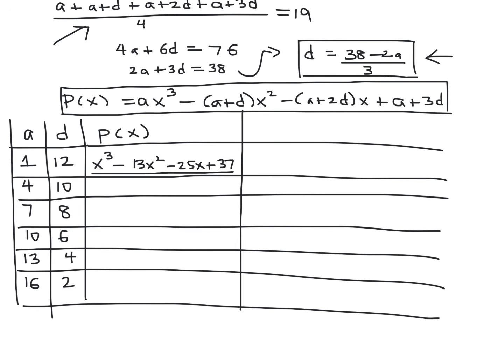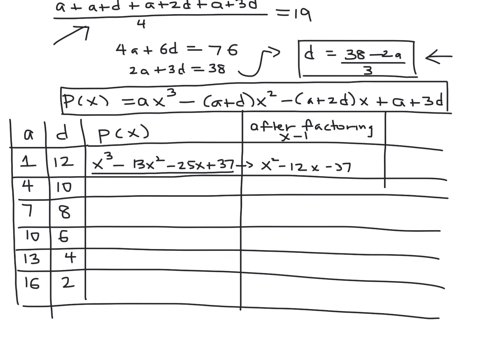So after factoring out x minus 1, this would give me, without the x minus 1, x squared minus 12x minus 37.